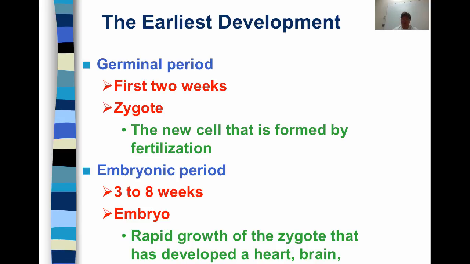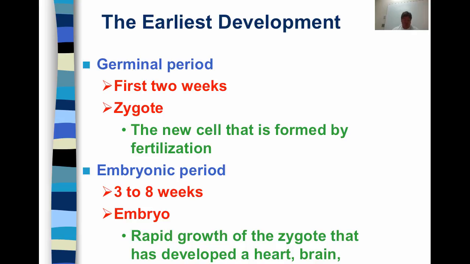If we look first at the germinal period, this is the first 2 weeks after conception, and here we talk about the zygote, which is the new cell formed by fertilization. So this is right at the start. A teratogen is simply an environmental agent that causes harm to the embryo or fetus.